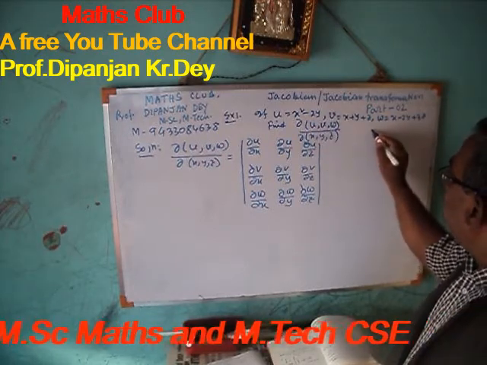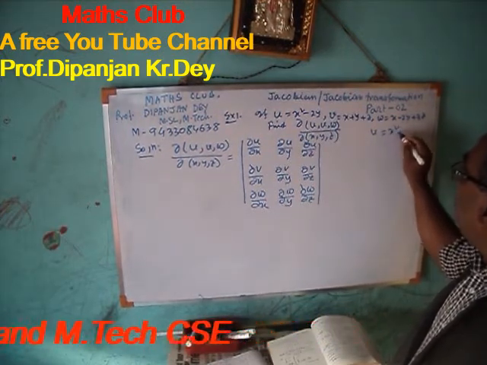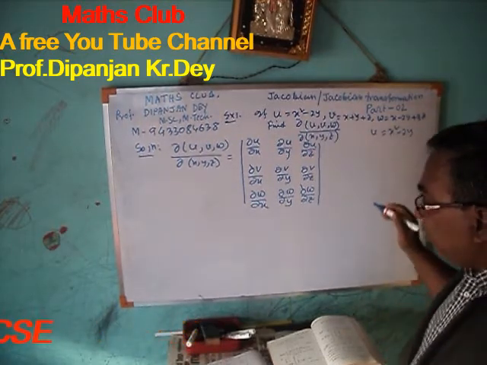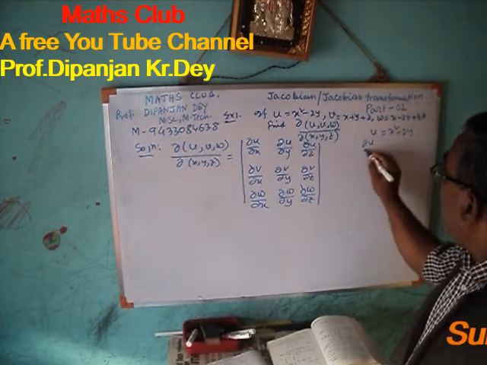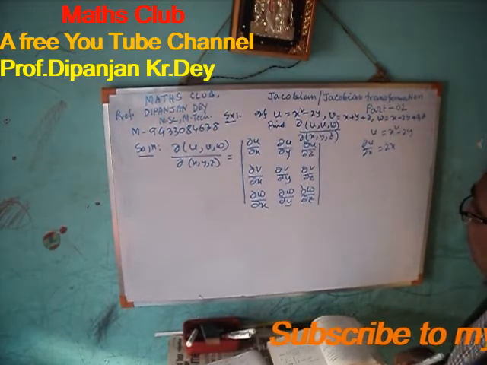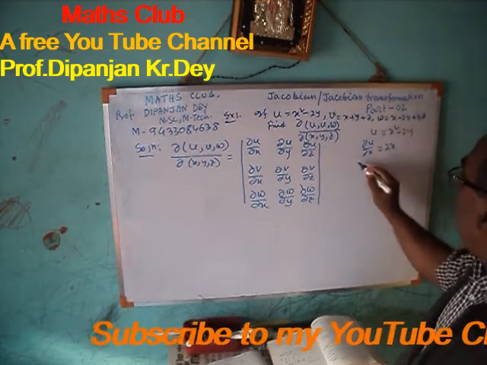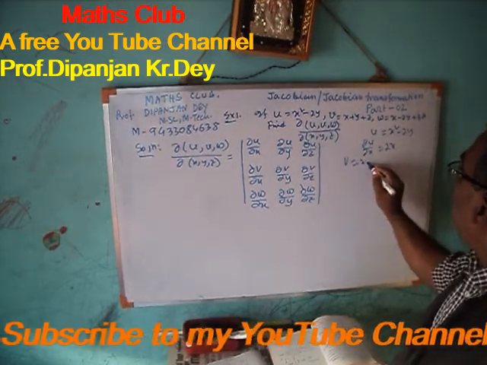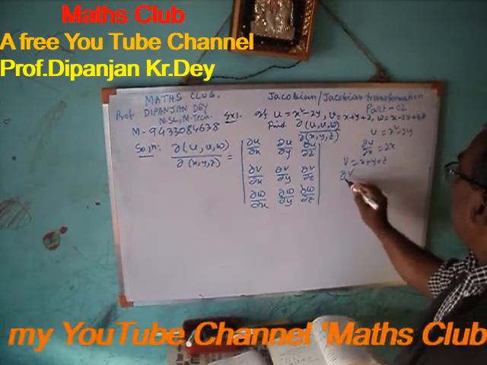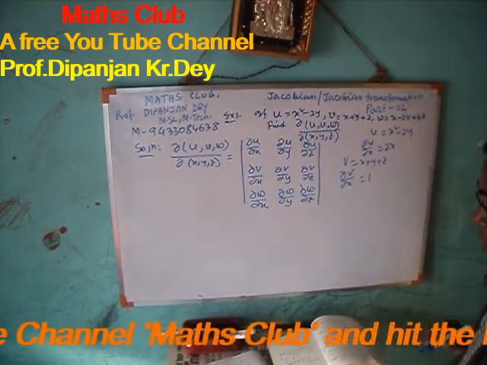Just for your convenience I am writing here u equal to x square minus 2y. So what is del u del x? Differentiating with respect to x, that is 2x, y is constant. Similarly, del v del x, v equal to x plus y plus z, so del v del x equals 1.